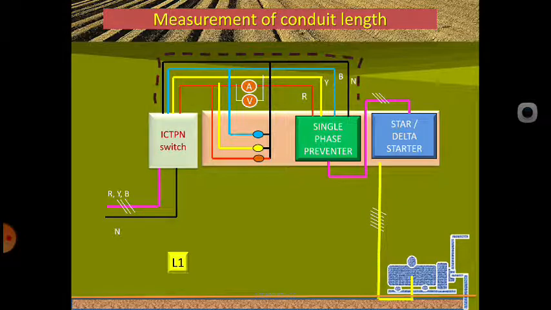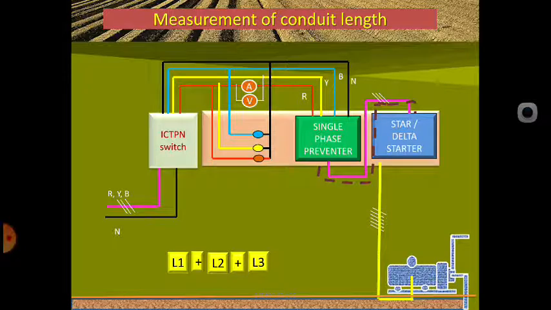Find the length from this area to this area; we can assume this is L1. Then, for the pilot purpose, we are using length L2. Measure the length from this place to this place, that is L3. So L1 plus L2 plus L3 will give the total length of the conduit required for installation of the motor.